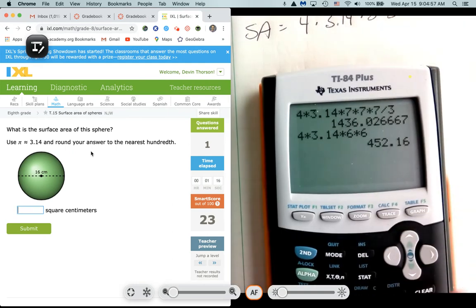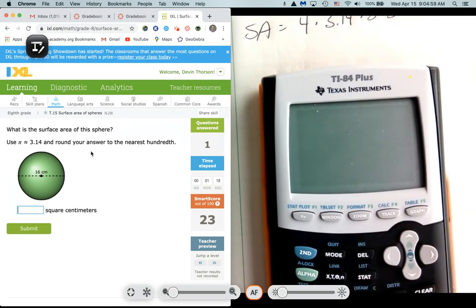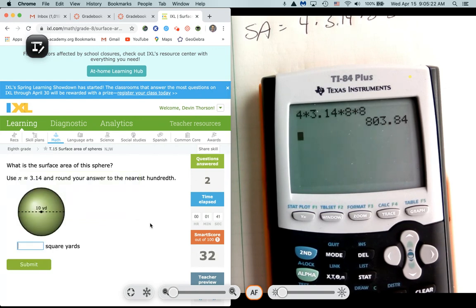I grab my calculator and do 4 times 3.14 times 8 times 8. Hit enter, and I get 803.84. It's already to 2 decimal places, so I don't need to worry about any rounding. And I type that in. Whoops, I almost did 8.3, not 8.4. Make sure you look at your answers so you don't type it in incorrectly, and you get the right answer.